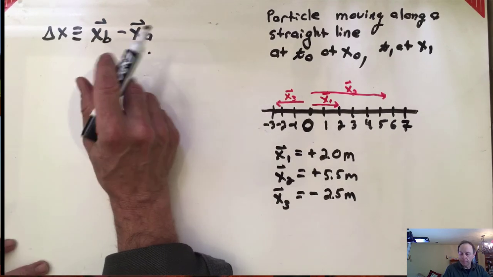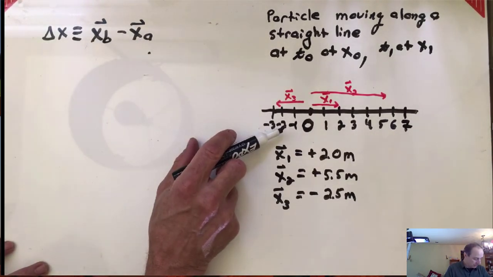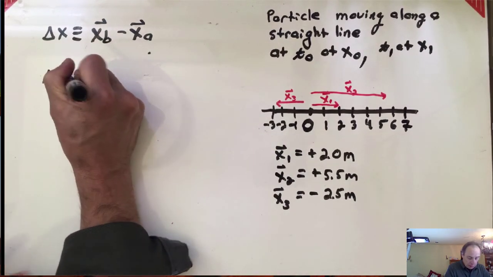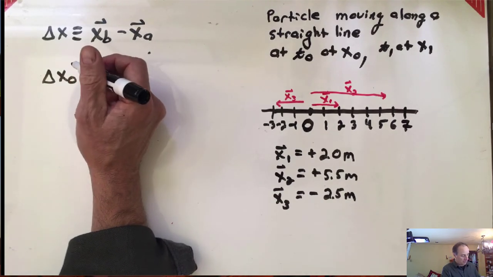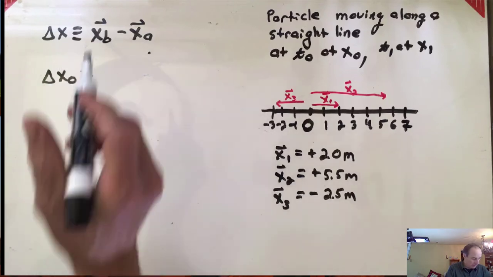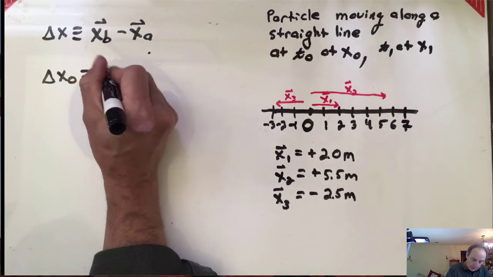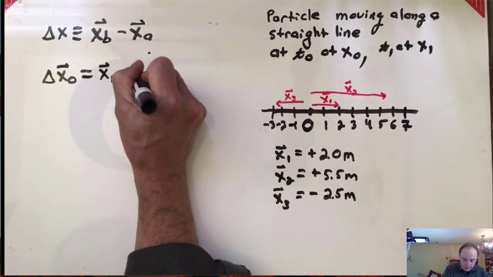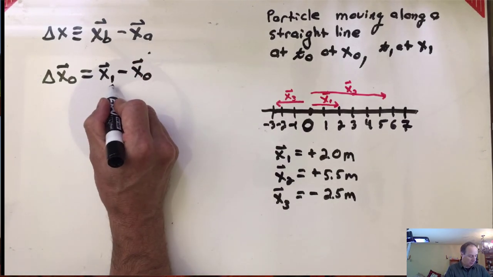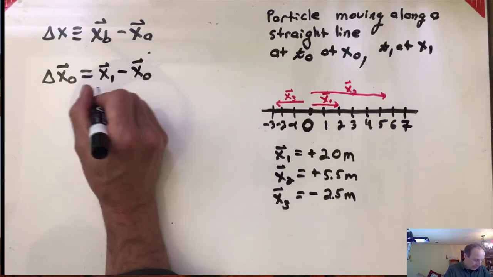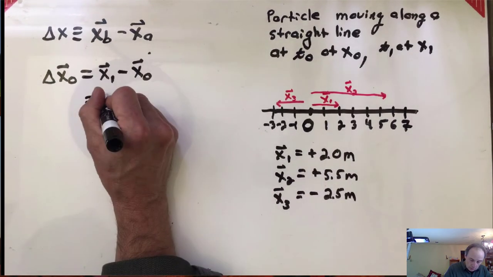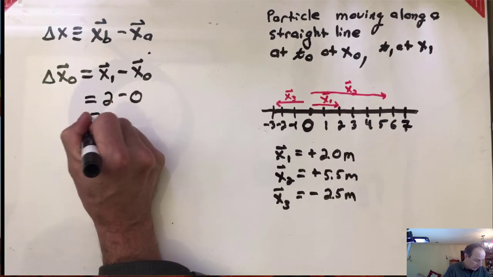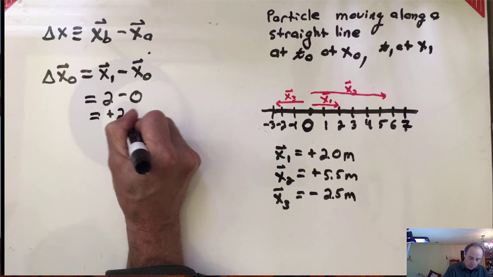All right, so if we were to apply that here, delta x0, the initial change in displacement, is going to equal x1, this is a vector, minus x0. The displacement at 1 minus the displacement at 0 time. x1 is 2. x0, we were at the origin, so it's 0. So that equals positive 2.0 meters.